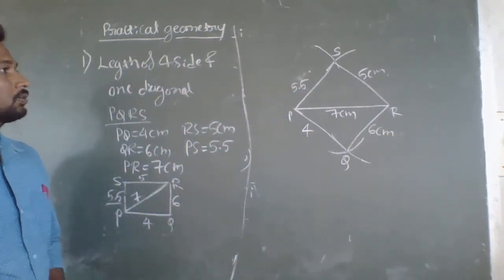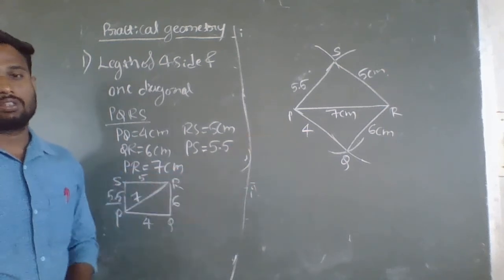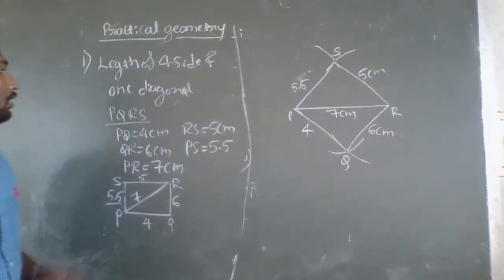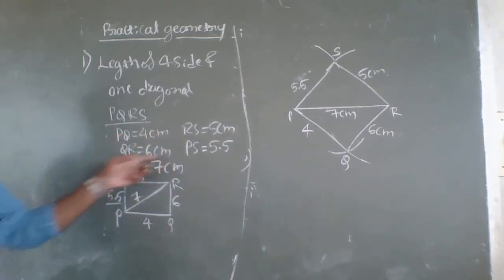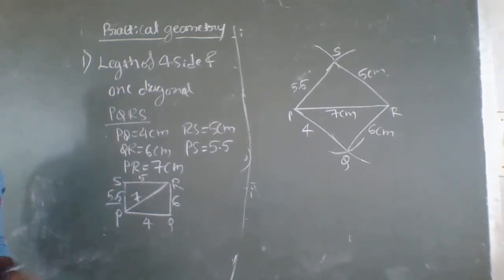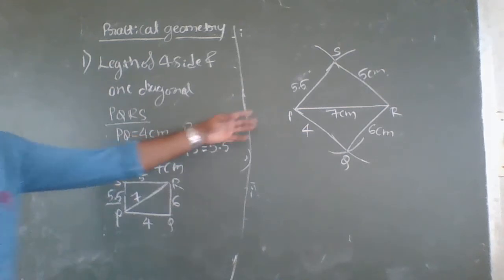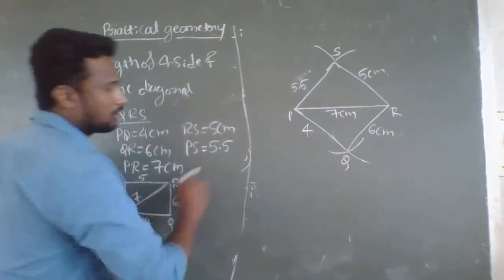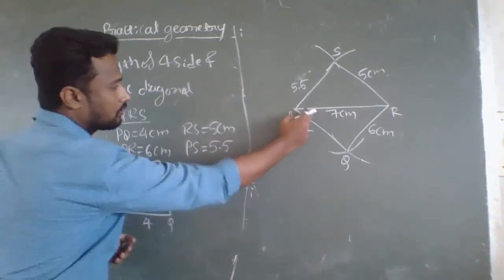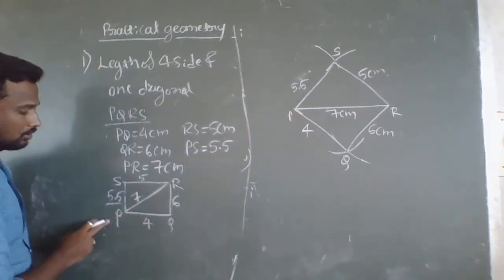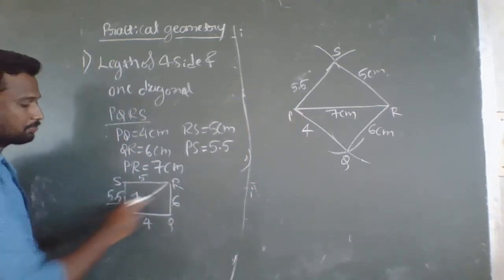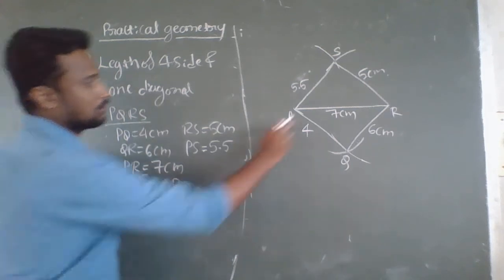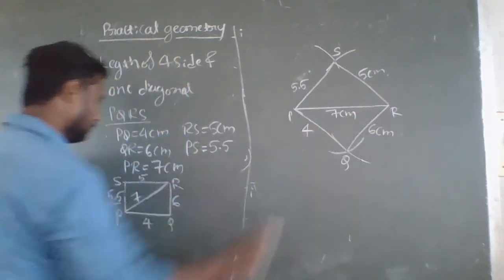So this is how to construct a quadrilateral when four sides and one diagonal are given. Here they have given one diagonal and four sides, and I will consider this diagonal as the base of the quadrilateral. First I will draw this PR as the base. PR is 7 centimeters.